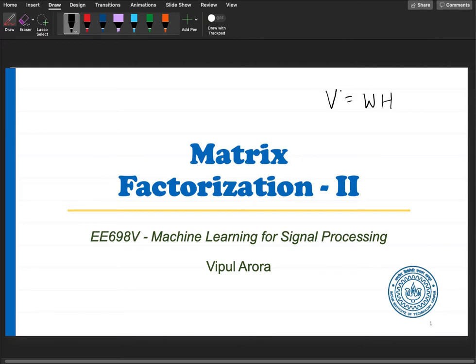Can you give me some example of matrix factorization where you want to extract some useful structure from the data? I gave an example that PCA is for data compression, that your data gets compressed to a smaller dimensionality representation.